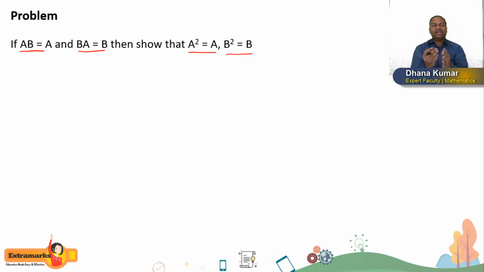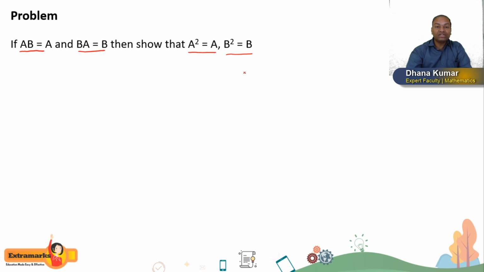Right? A square is equal to A and B square is equal to B, both are the same procedure only. We can prove both with the same approach. Right? Before solving this question, two important points. In general, in matrices, matrix multiplication is not commutative. Is it correct or not?